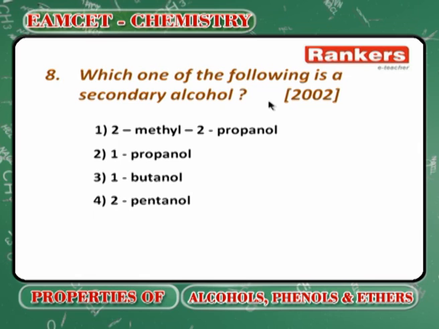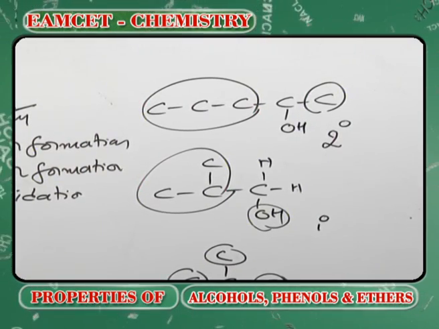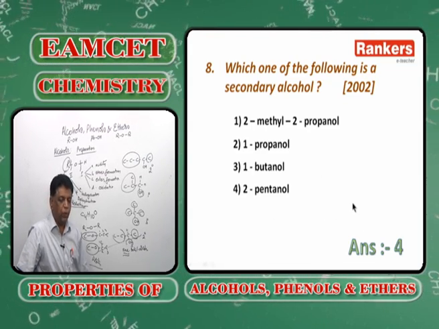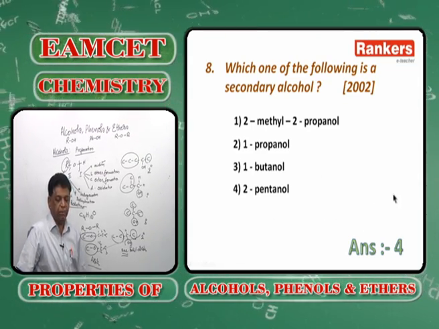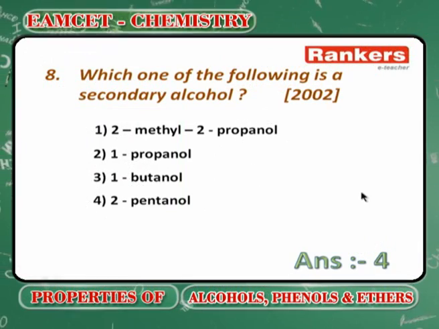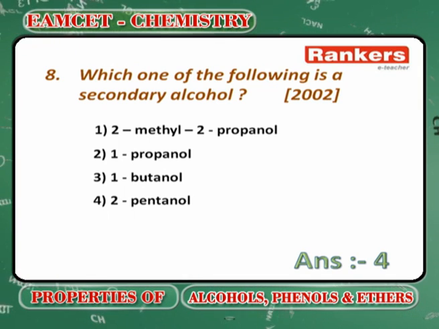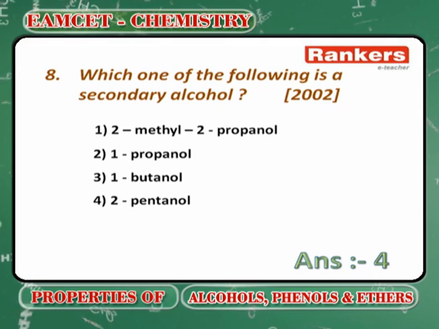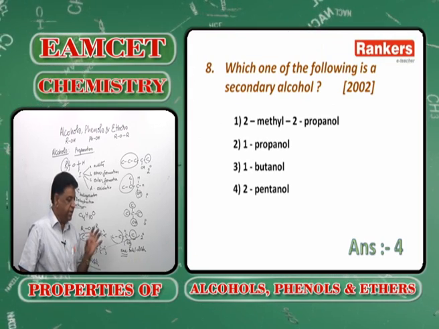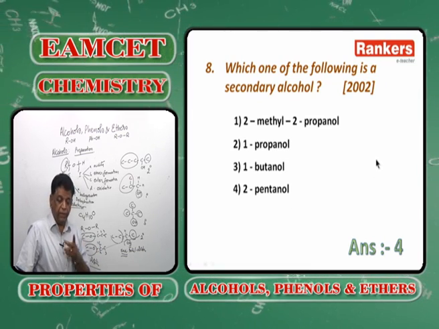Provided you have this clarity in the structure, when a name is given you can write the structure, and when a structure is given you can name it, vice versa, if you are thorough, this classification is possible. Nowadays, questions directly asking the name of the compound have almost disappeared. The questions may be based on classification or on some reaction: X gives Y, what is the nature of this Y, what is the IUPAC name of this Y?